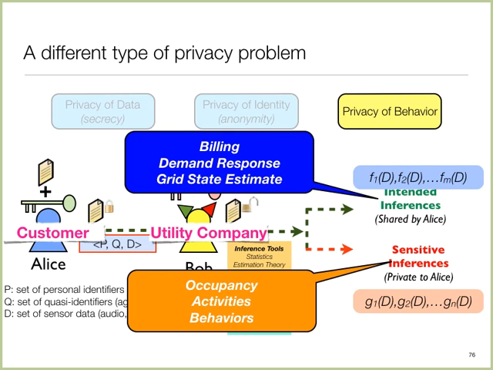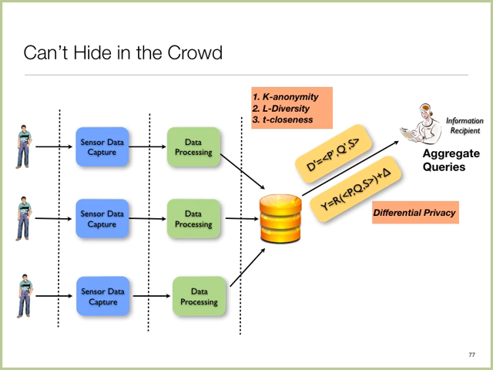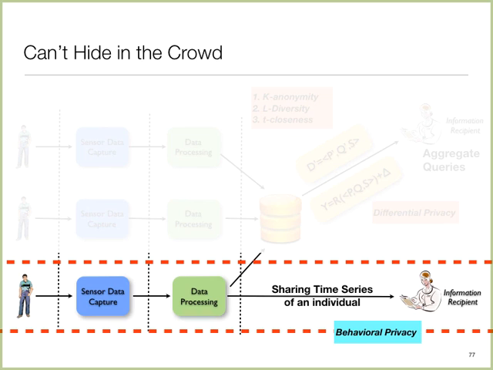But I don't want them to know the activities or behaviors at my home, which, it has been shown, you could learn otherwise. So we want to do all of this stuff, and unfortunately, hiding behind the crowd is not an option here, because we are in a one-to-one scenario. So that's the problem that we often face.